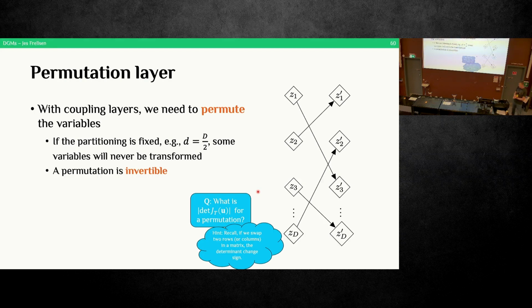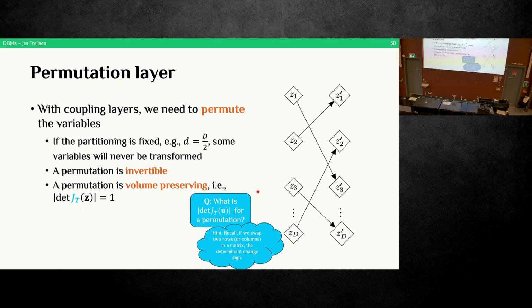Yes, so it is indeed volume preserving, and the absolute value of the determinant of the Jacobian is 1. One way you can see that is that a permutation is just a linear transformation, where the matrix for your linear transformation looks like something like this, where you have exactly a 1 in each column and each row, right?